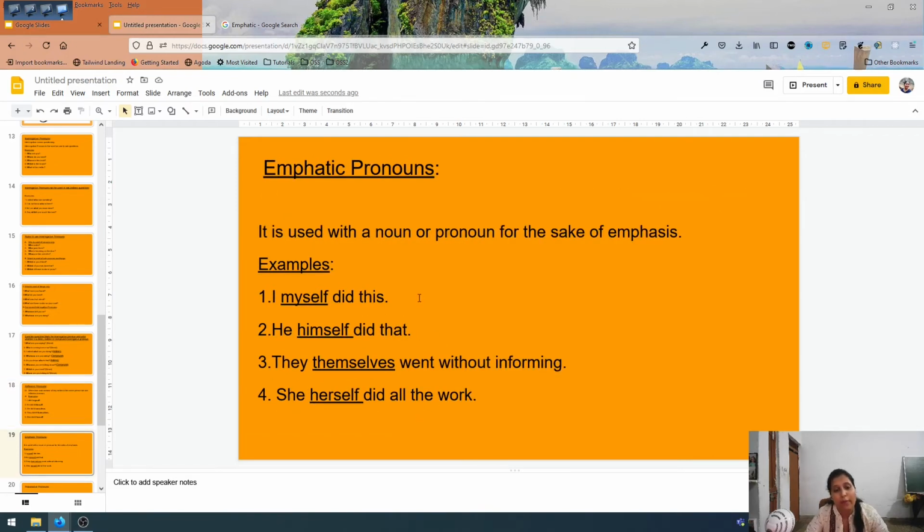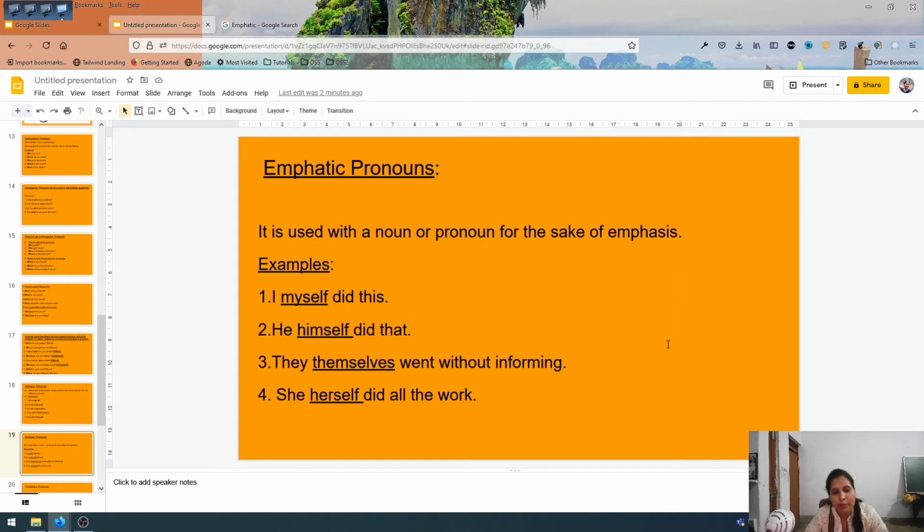Now, emphatic pronouns. What are emphatic pronouns? It is used with a noun or pronoun for the sake of emphasis. Means we are emphasizing something. For example, I myself did this. Means I want to say that I only have done this. He himself did that.